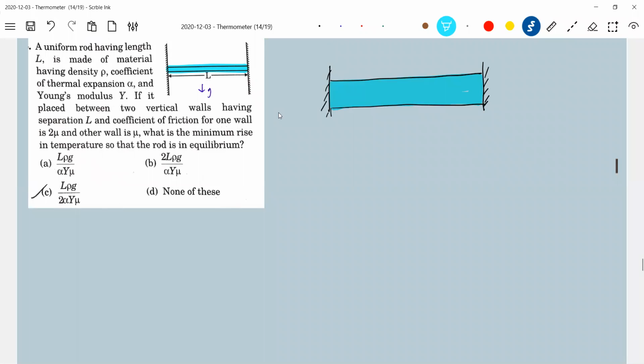What is the minimum rise in temperature? If I raise the temperature, the rod wants to expand, no? And as the rod expands, it will exert a force. So what are the forces that will be there? F, F. I'll write F naught.